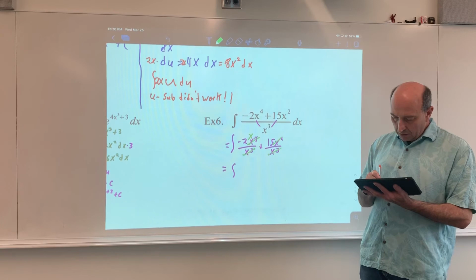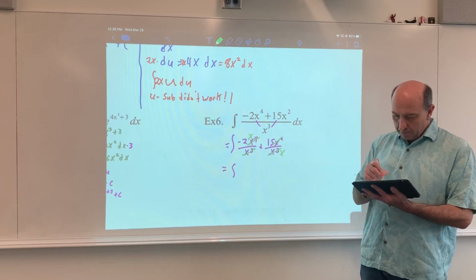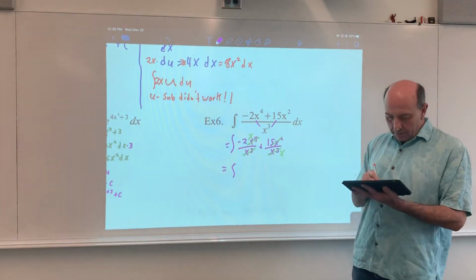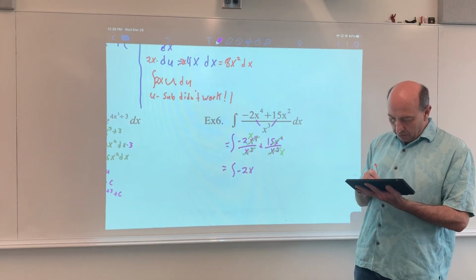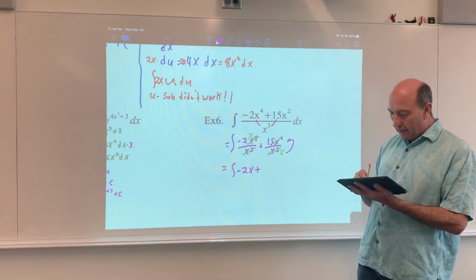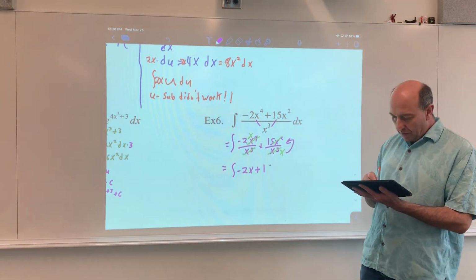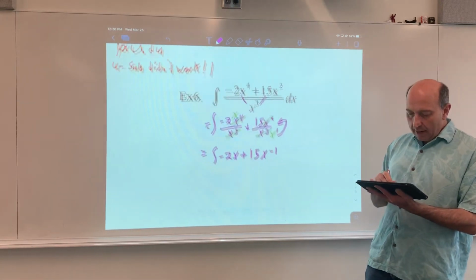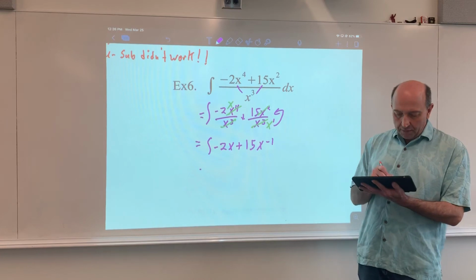X squared cancels, there's an x left on the bottom. So I get negative 2x plus 15 over x, and I will flip that to the top. So it's 15x to the negative 1. Now I can happily take the antiderivative.